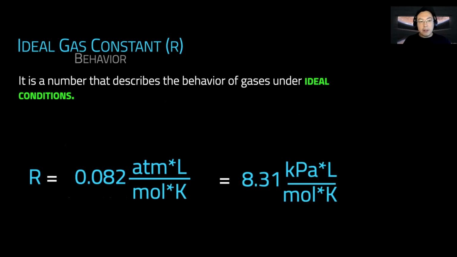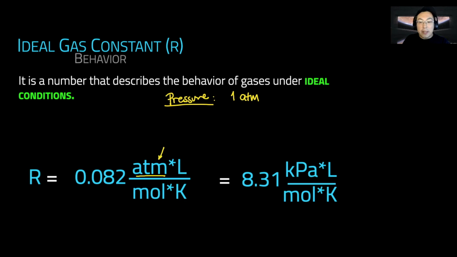Speaking of the constant, this ideal gas constant that is represented by the letter R, we can have different values. Now, this will depend basically on the unit of pressure. So if we are given, for example, 1 atmosphere for pressure, then the constant R that we will be using is going to be the one that includes the unit of atmosphere within its unit, right?